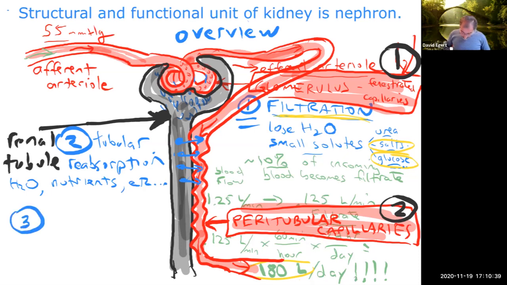Part 3, sometimes there's stuff you need to get rid of. Let's say for pH balance, you need to get rid of some H pluses, or maybe you have too much salt and we need to get rid of more sodium. If there's stuff in the body that you want to get rid of, you can actively move it from the bloodstream into the tubules, because anything that makes it out the final bottom is going to be your urine.